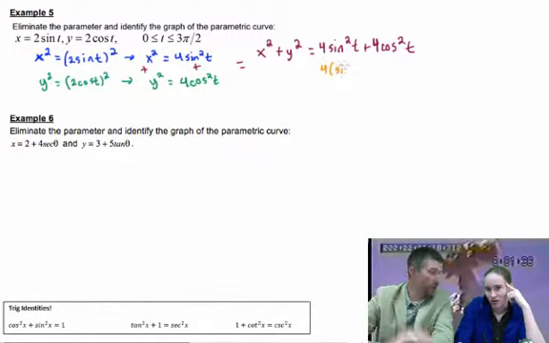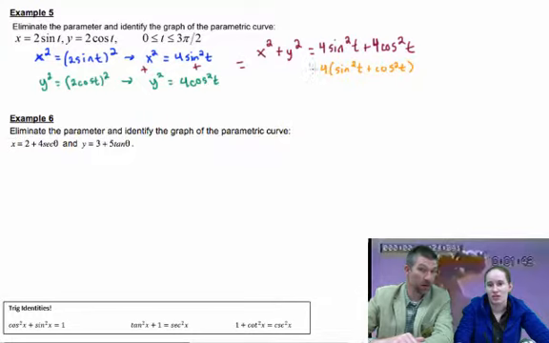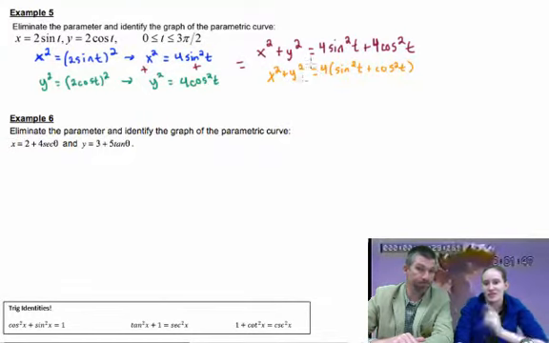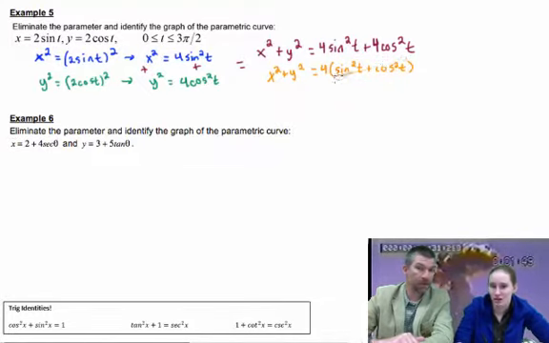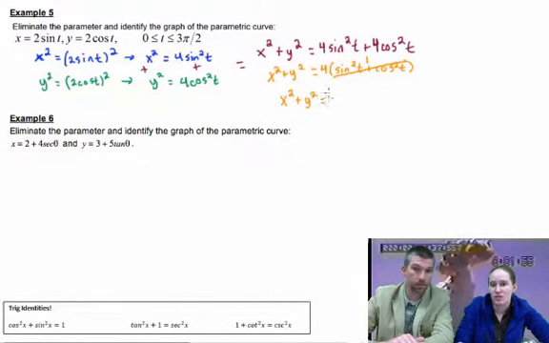Remember, anytime we can get sine squared plus cosine squared, we have 1, and anytime we have 1, we have sine squared plus cosine squared. They're interchangeable. Look what happened. Sine squared plus cosine squared is 1. That goes away and becomes 4 times 1, which is just 4. So x squared plus y squared equals 4.